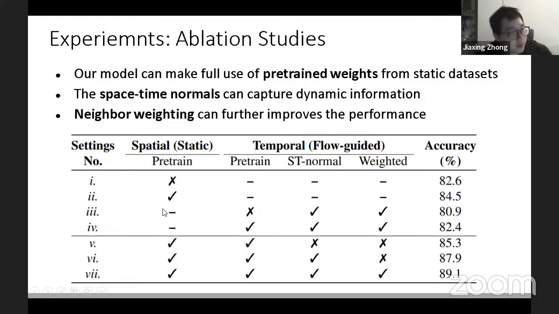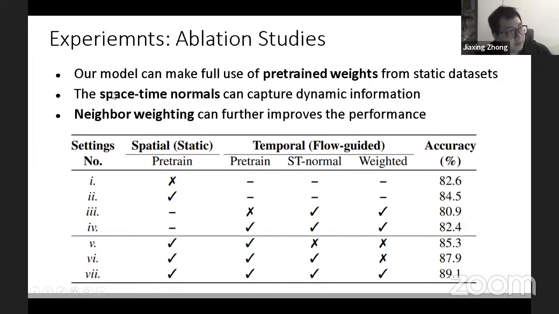That is the first aspect we are trying to prove. And indeed, it's useful. It can improve the accuracy by about 2%.